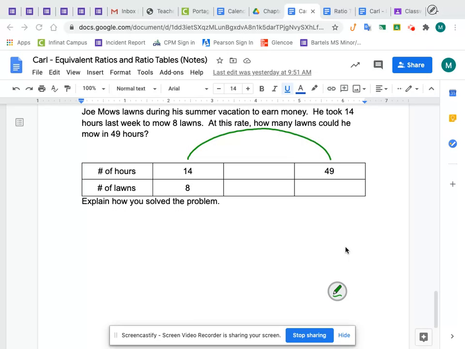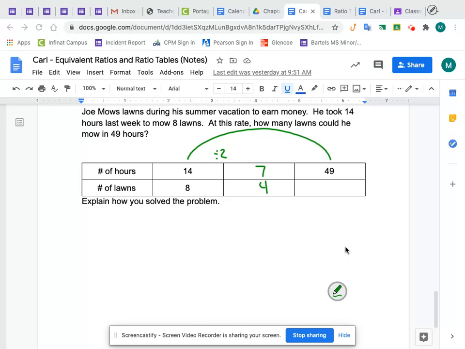And I'm thinking 7, because I know 7 times 7 is 49 and 7 times 2 is 14. But I also need a number that goes into 8. And I know 2 will go into 8. So I'm going to end up with 7 and 4 for the middle column.